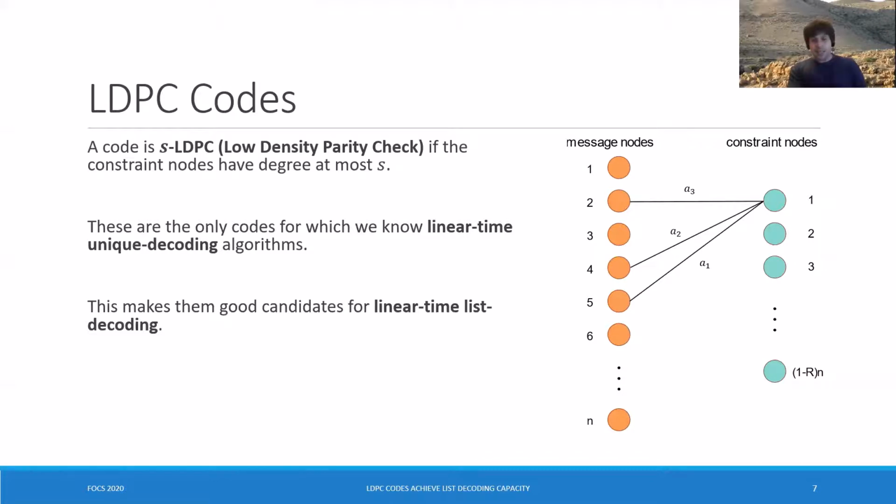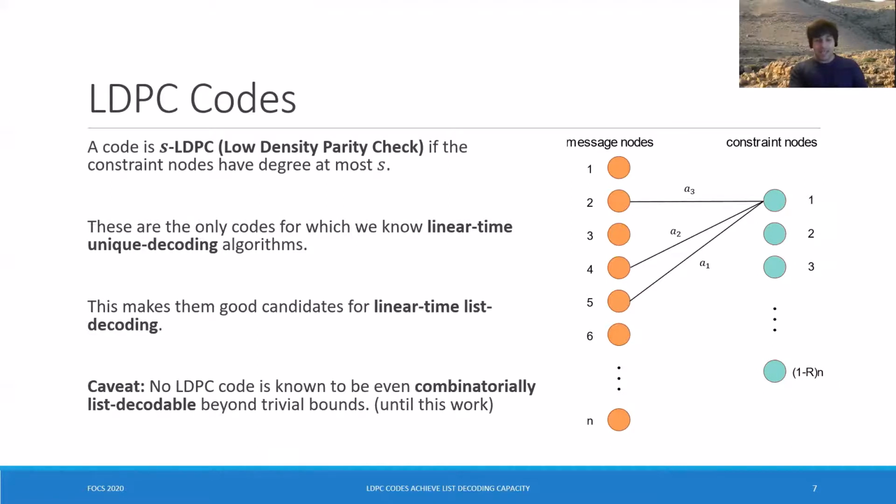So while we don't know of any algorithms that do general list decoding in linear time, LDPC codes sound like they would be good candidates. However, the caveat is that combinatorially, until the current work, we didn't know of any LDPC code which achieves anything more than trivial bounds for list decoding.